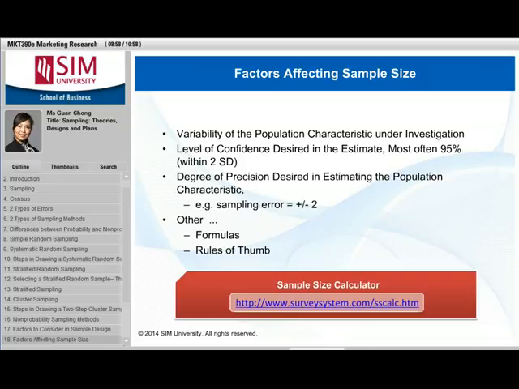Factors affecting the sample size, including variability of the population characteristics under investigation, the level of confidence desired in the estimates, most often 95%, the degree of precision desired in estimating the population characteristics, and others such as formulas and rules of thumb.